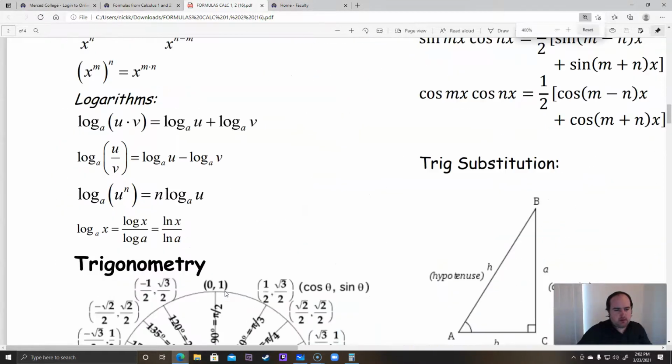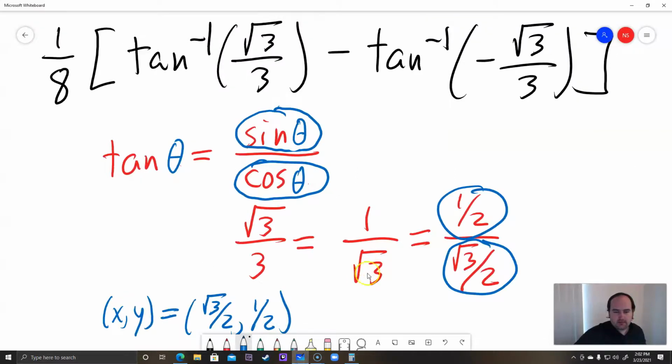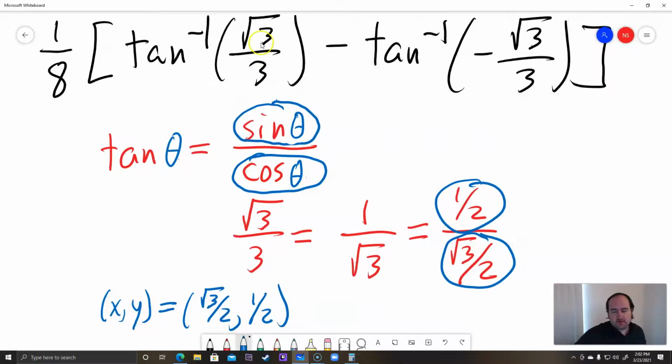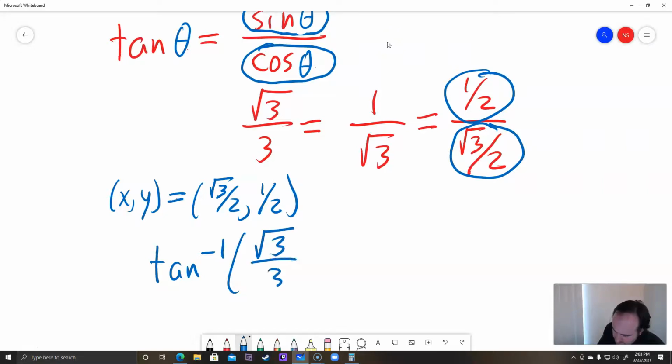Zooming in here so we can see it, x is root 3 over 2, y is 1/2. So our angle is pi over 6. So that means tan inverse of root 3 over 3 equals pi over 6.